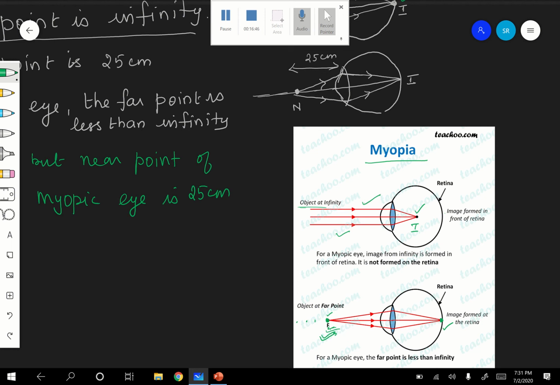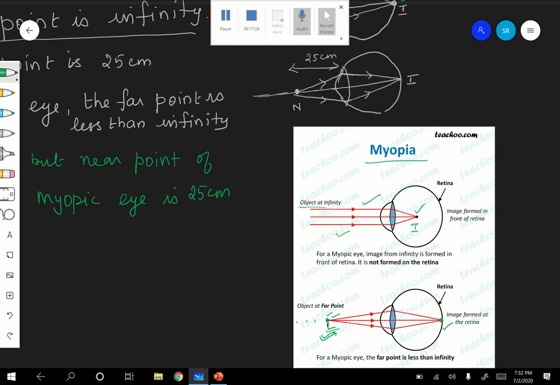So that is why this myopic eye cannot see the object if it is kept at infinity, but if it is kept at F, it can see. So what can be done now? Somehow you have to give the appearance that the object is not at infinity, don't bother, I am bringing the object from infinity to F, so that you will be comfortable and you form the image on the retina.